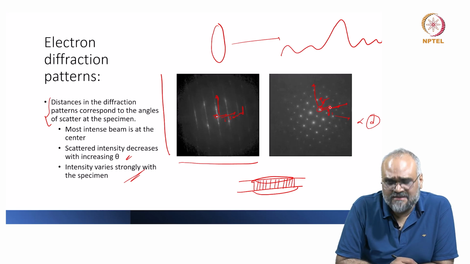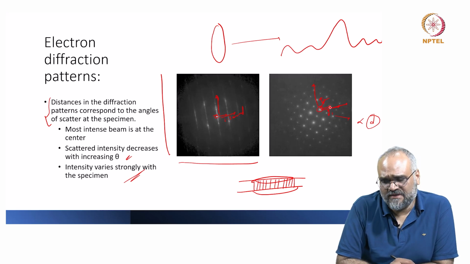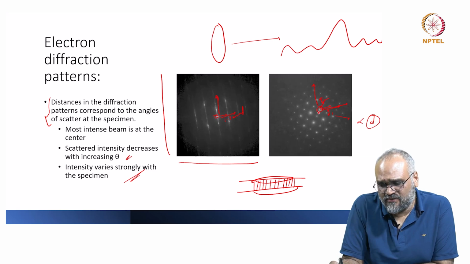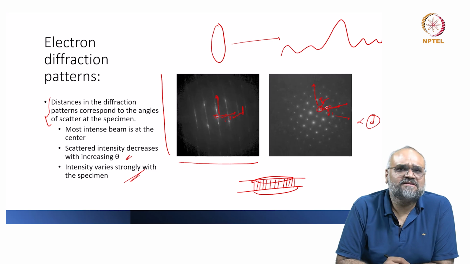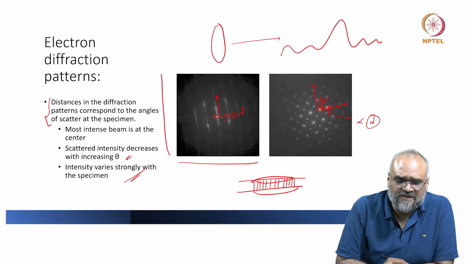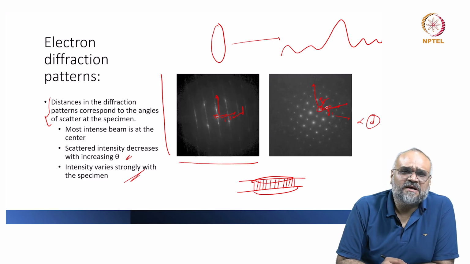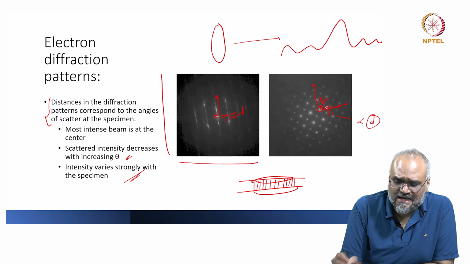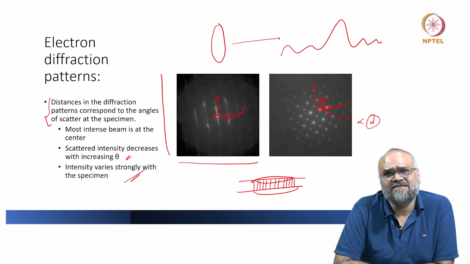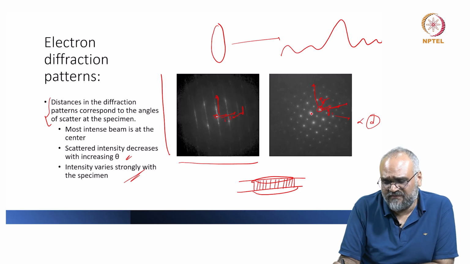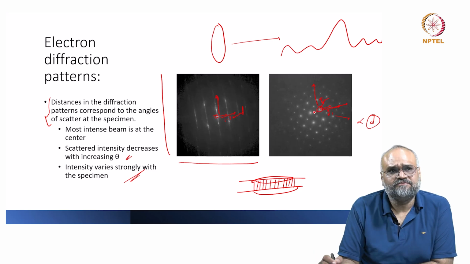If you recollect the concept of structure factor that was introduced, the amplitude of these scattered spots in diffraction patterns corresponds to the angle of scattering and the atomic number as well. So, when I have differences in the atomic numbers within a unit cell, and if they are arranged in a periodic fashion, I would naturally start seeing some differences in these intensities as well.